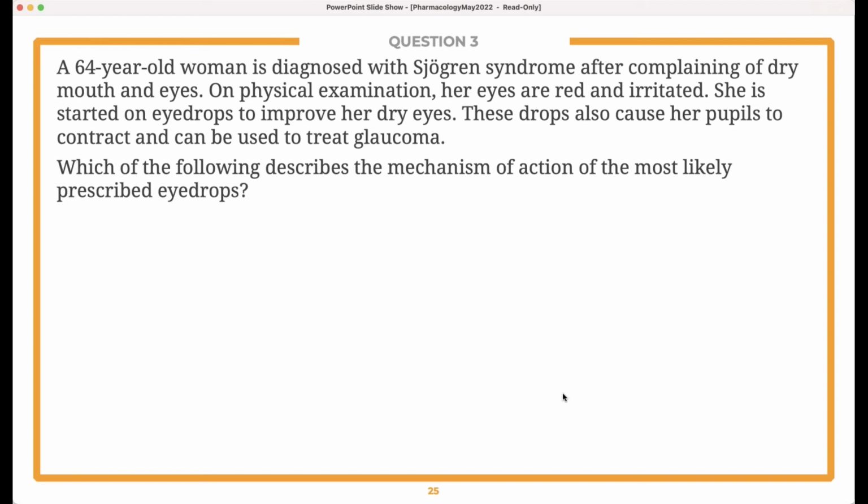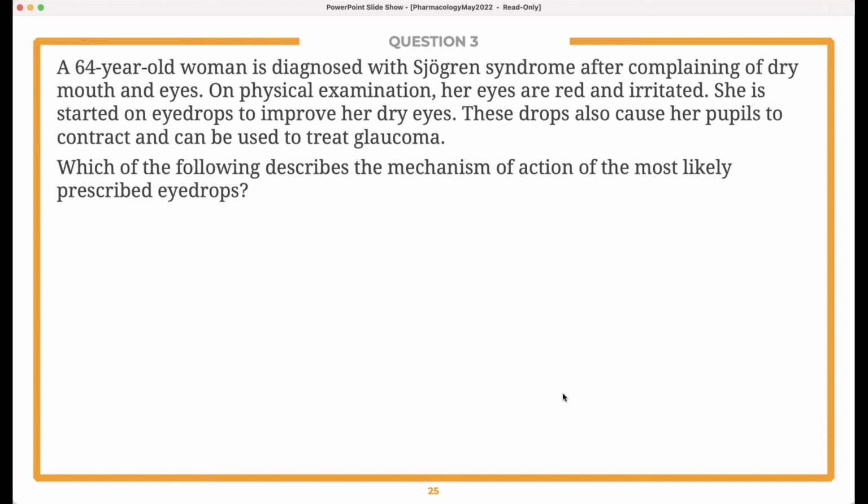A 64-year-old woman is diagnosed with Sjogren's syndrome after complaining of dry mouth and eyes. On physical examination, her eyes are red and irritated. She is started on eye drops to improve her dry eyes. These drops also cause her pupils to contract and can be used to treat glaucoma.